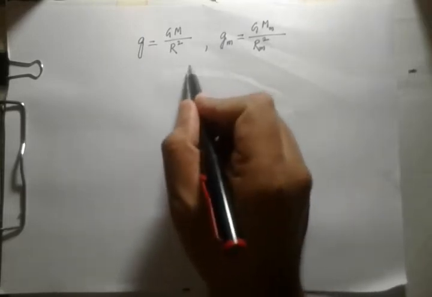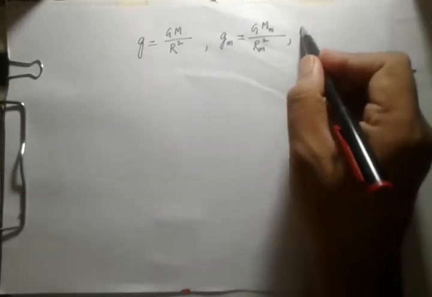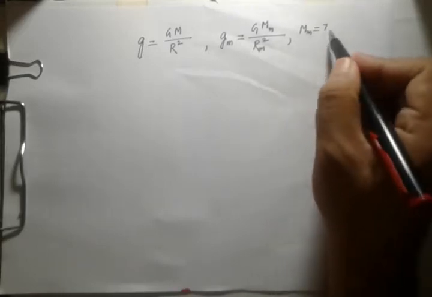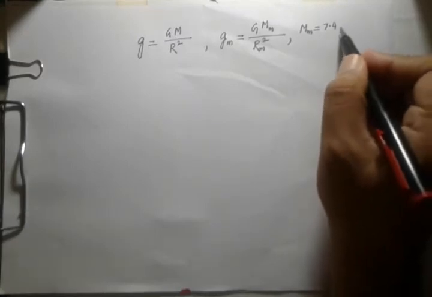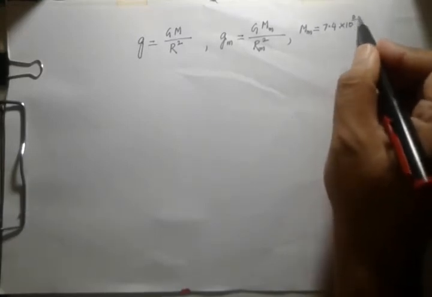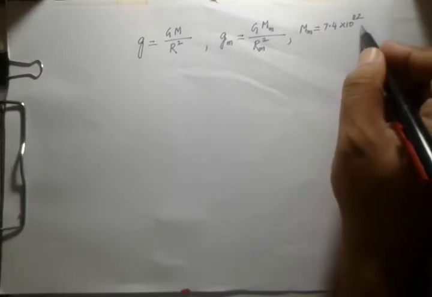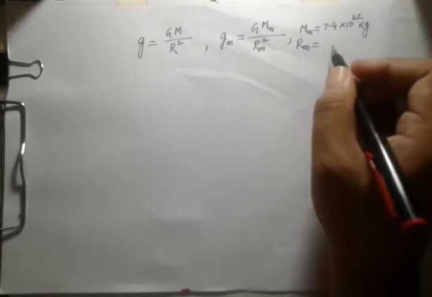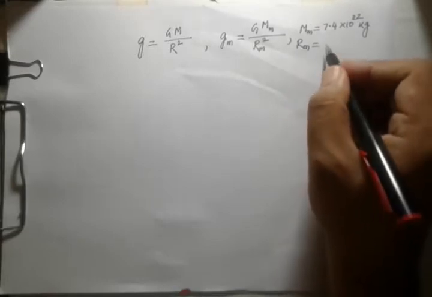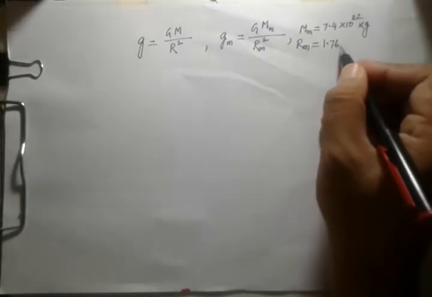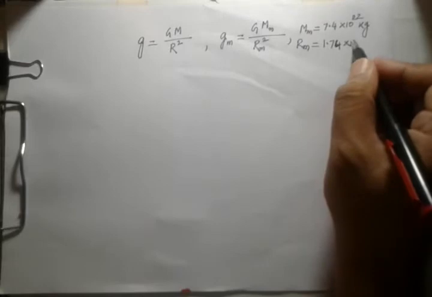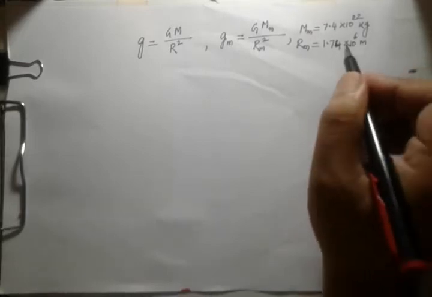Mass of the moon, M_m, is equal to 7.4 into 10 to the power 22 kg, and radius of the moon, R_m, is equal to 1.74 into 10 to the power of 6 meter.